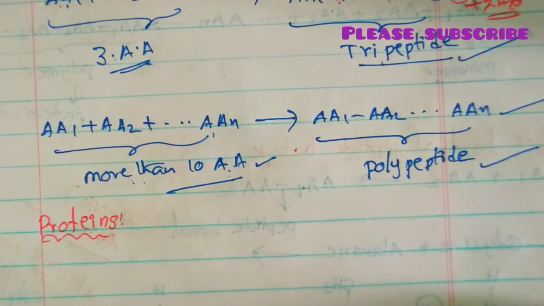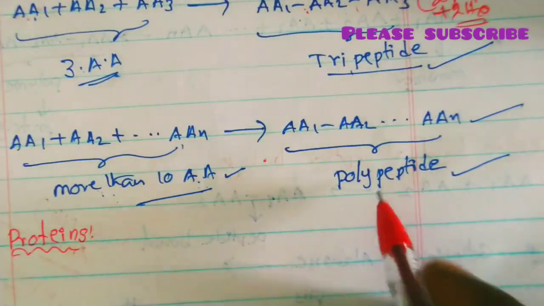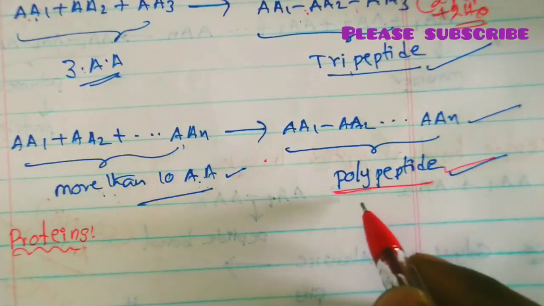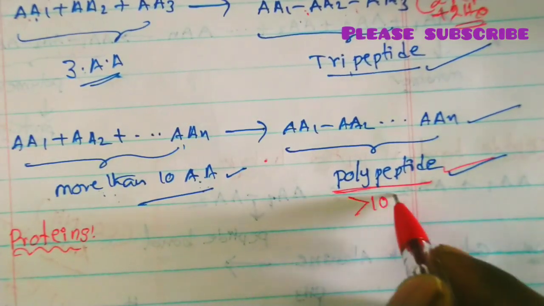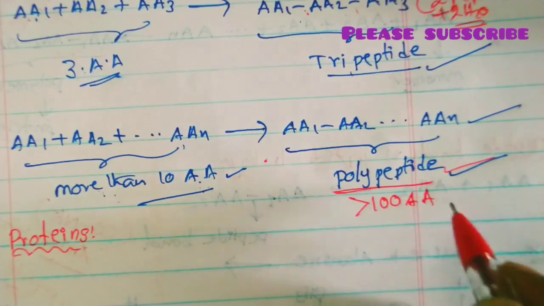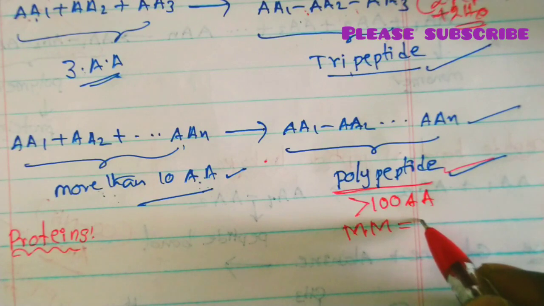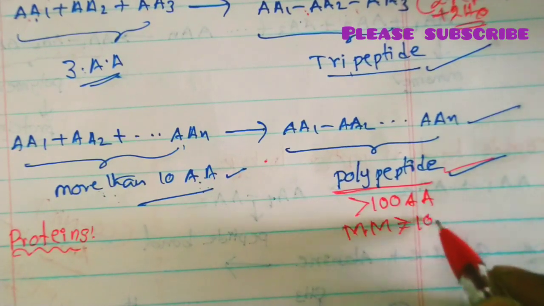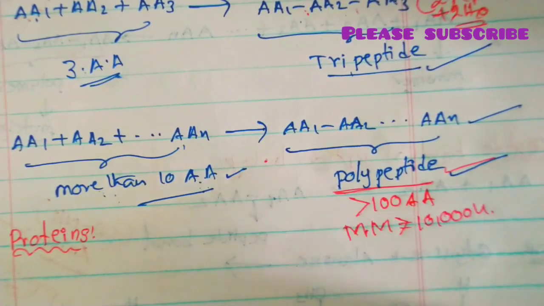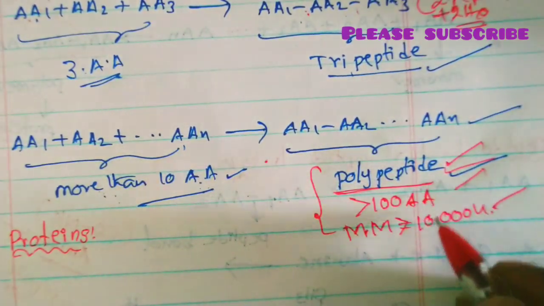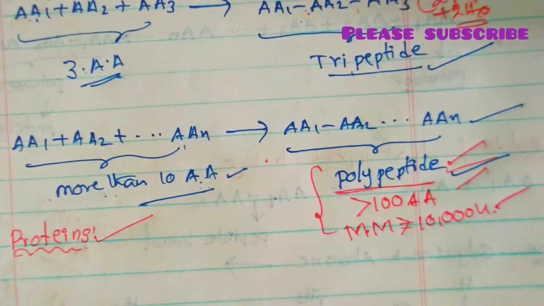Actually, proteins are polypeptides having more than 100 amino acids. Also, molecular mass greater than 10,000 atomic mass unit. So these are the 3 conditions. If a polypeptide satisfies these conditions, it is called a protein.